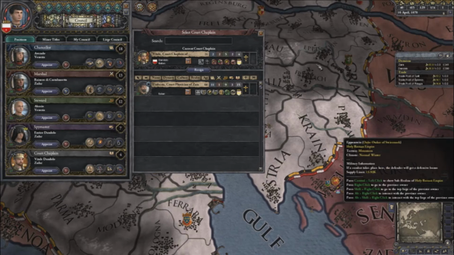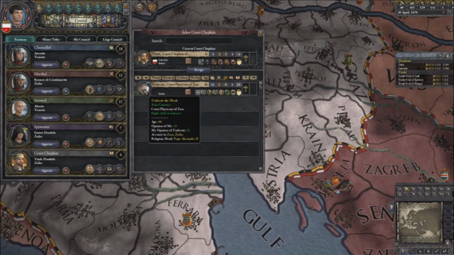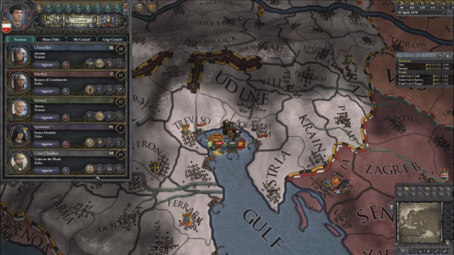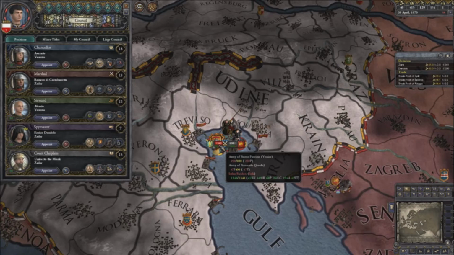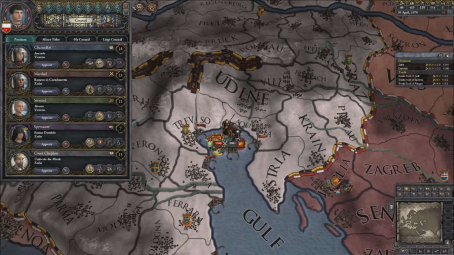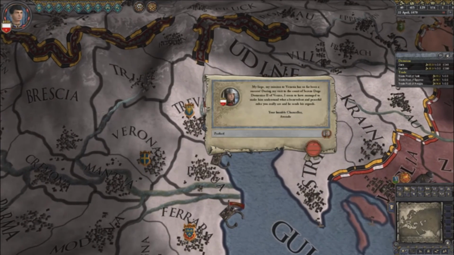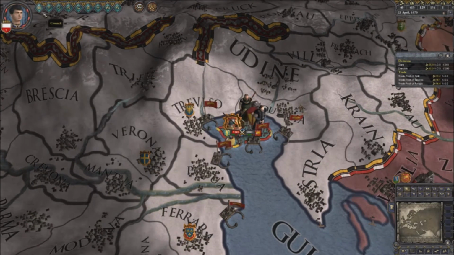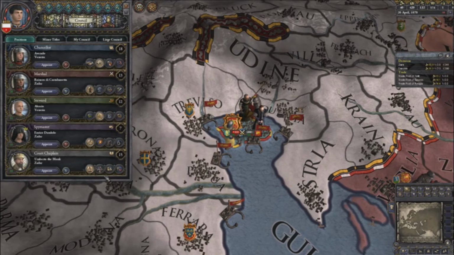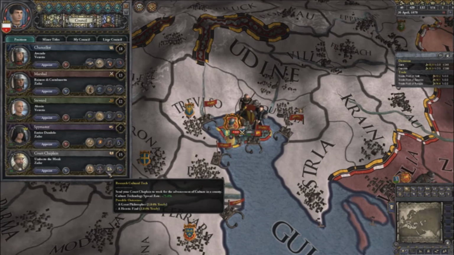Now, would you also like to replace the worst court chaplain known to man? Go on then. The Doge is fighting someone right now, apparently. Let's see.